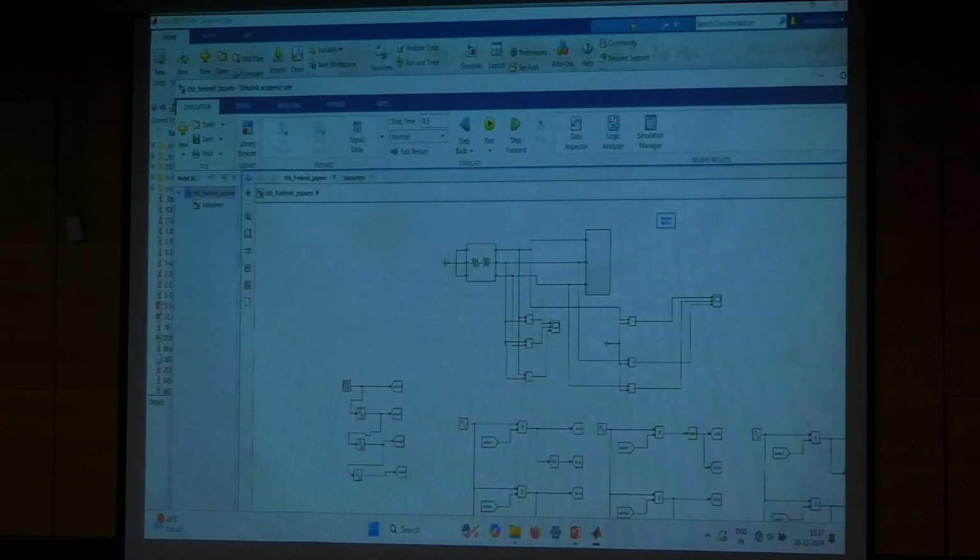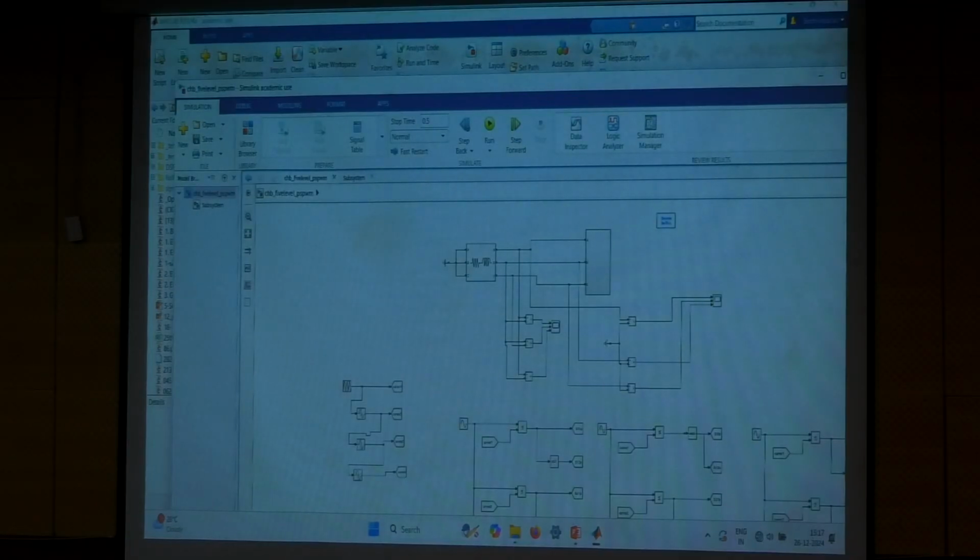Some drivers will not allow continuous on for a particular switch, right? If it is continuously on, it will be completely shut down. So you need to check the voltage across each device, whether it is working or not. Debugging is simple, right? You just check the firing pulse whether it is going or not. Whatever firing pulse is there in simulation, the same thing you should get in the hardware. You keep the simulation on one side, check the firing pulse, and at the same time check what is exactly happening there. Okay.